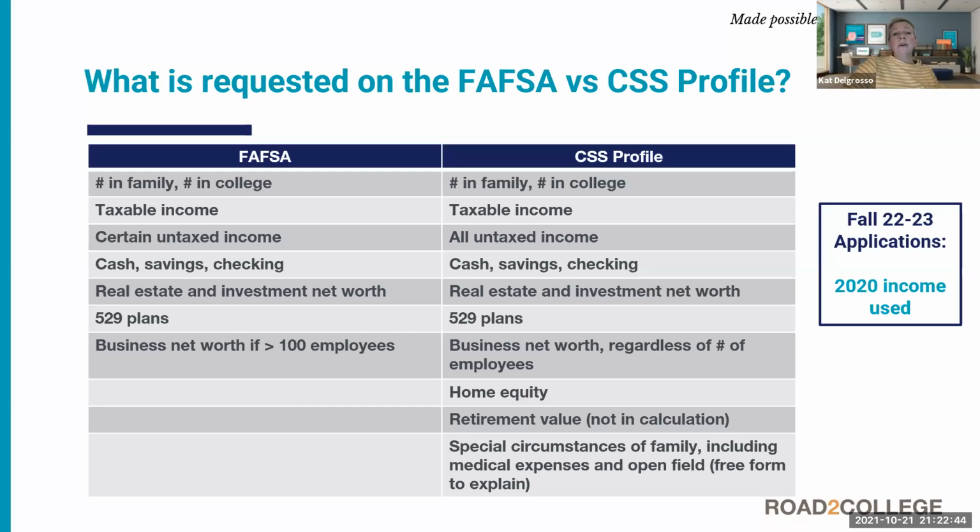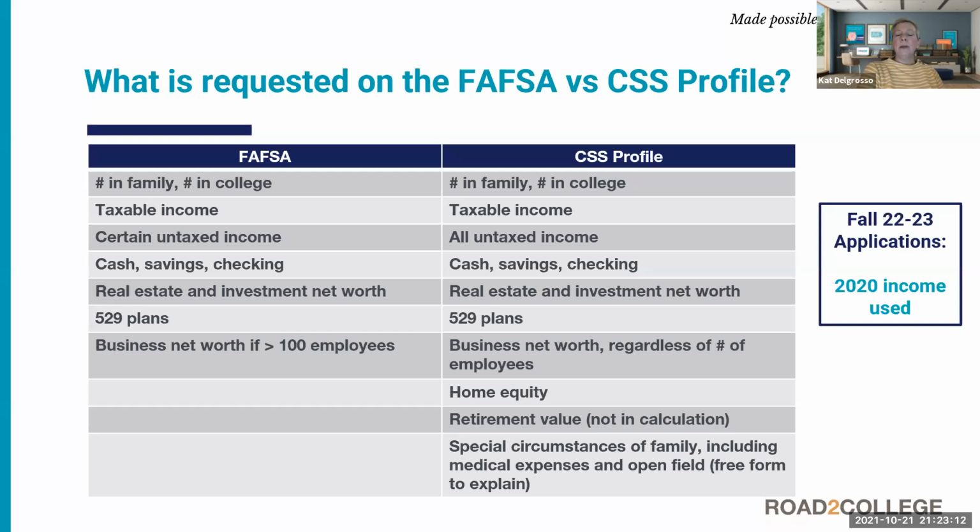Okay, so whatever parent or parents are on the CSS profile, you would list the 529 plans that you have taken out for the student or any student in the household under the parental assets.